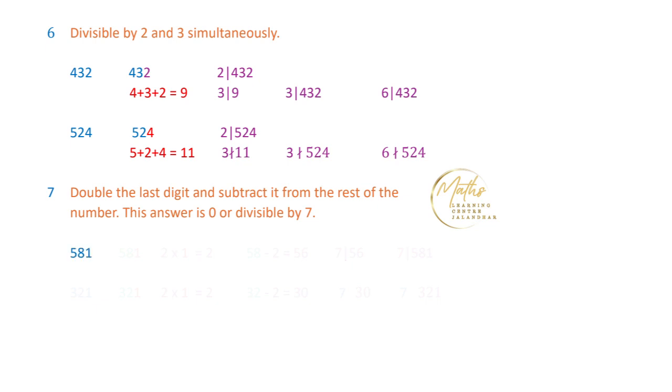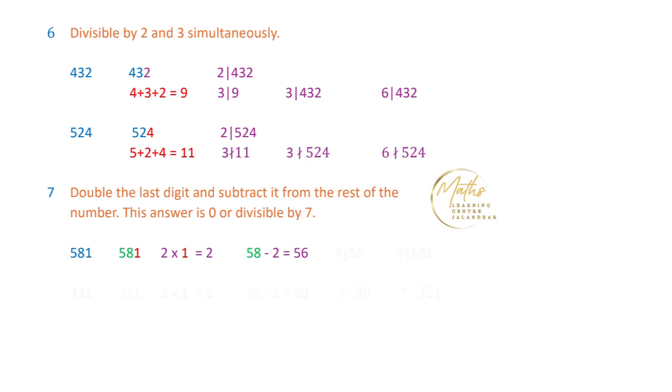Suppose I am talking about the number 581. The last digit of this number is 1, and the remaining digits are 58. We calculate the double of the last digit, which is 2 into 1, equal to 2. Then we subtract it from the rest of the number: 58 minus 2 is 56.